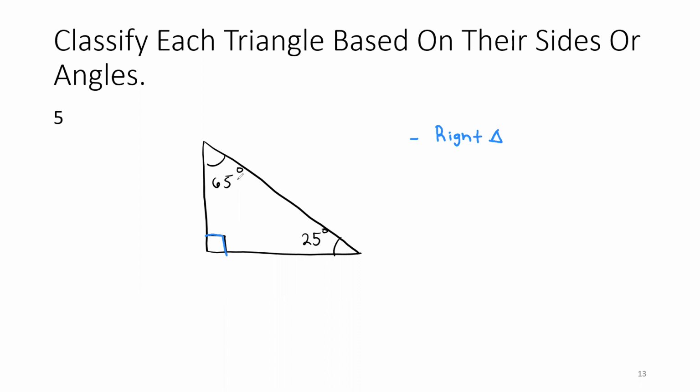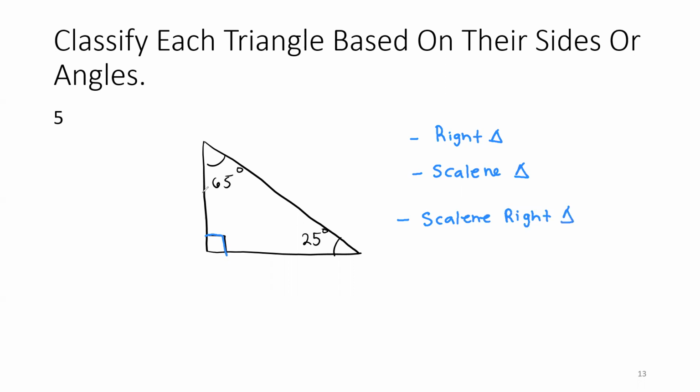Notice that the angles are not the same at all. None of them are the same. So there's a good possibility that this is also a scalene triangle, right? So you can call this a scalene right triangle because here we have all angles that are different.